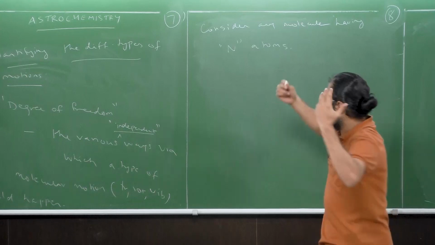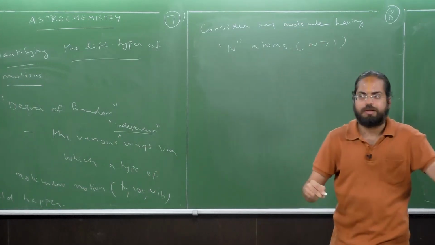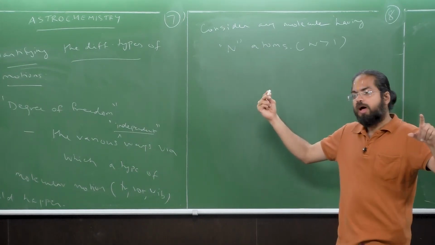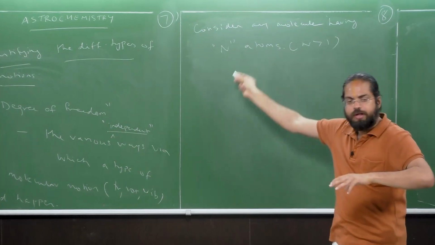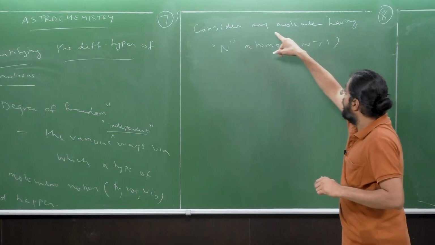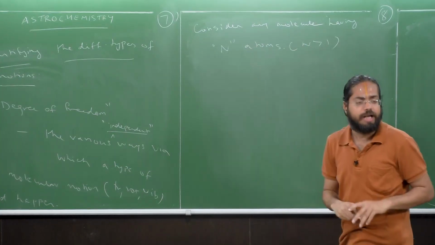Well, n is greater than 1, of course, because if n equals 1, then it will just be an atomic system itself. And recall what we said about atomic systems: atoms are subsets of molecules. We'll first finish the discussion on molecules and go back to atoms. So, having a molecular system containing n atoms.